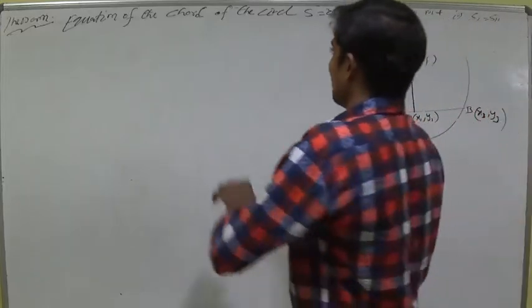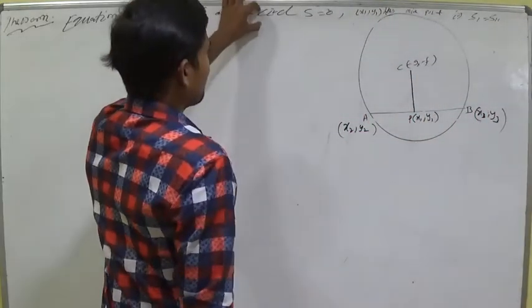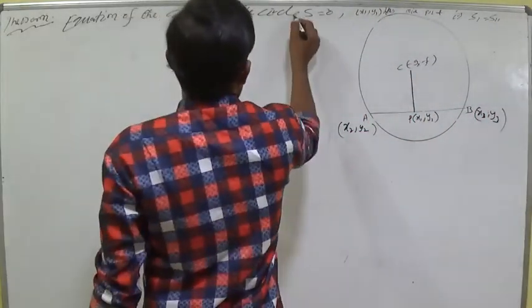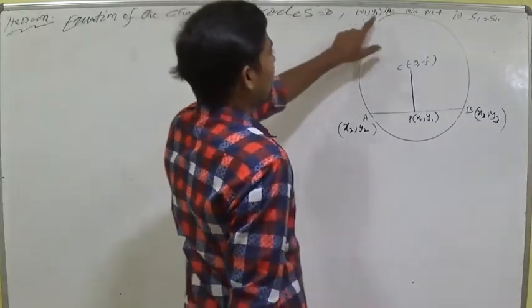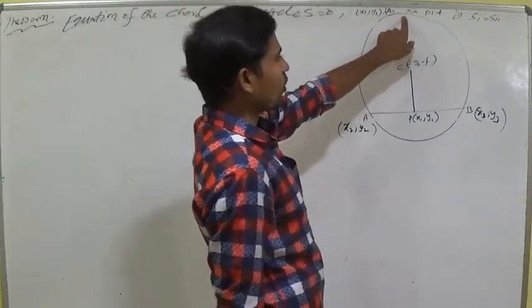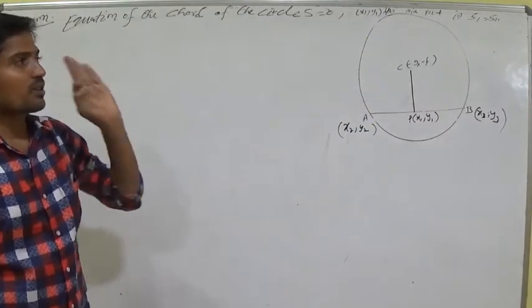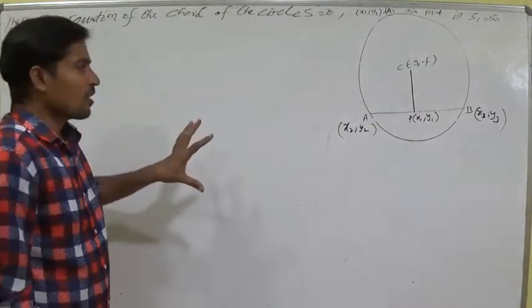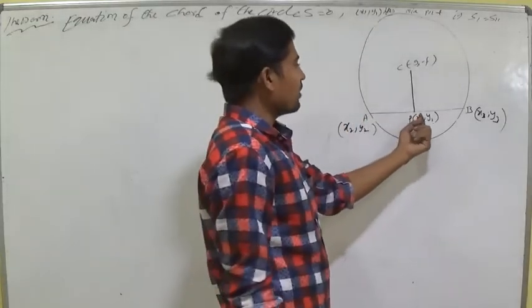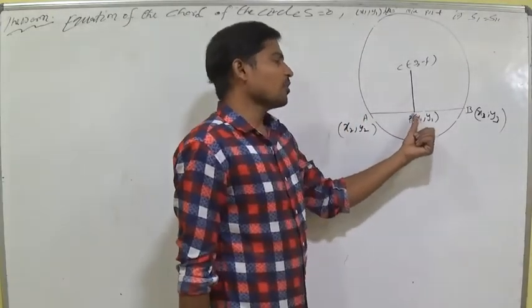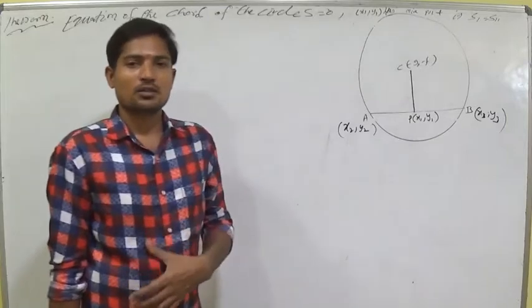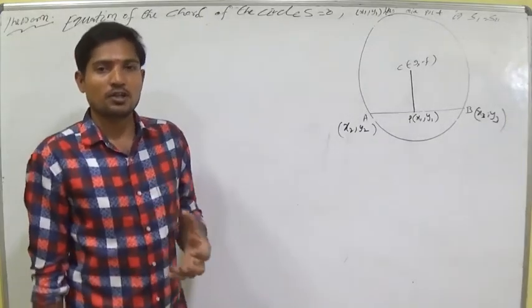Equation of the chord of the circle S equal to 0, with x1, y1 as midpoint of the chord, is S1 is equal to S11. So that is the equation of the chord which has a given midpoint.